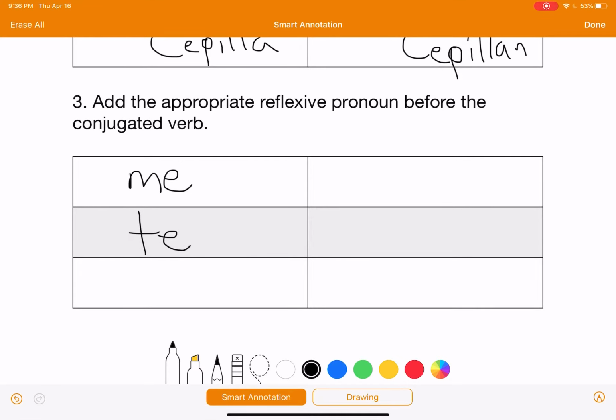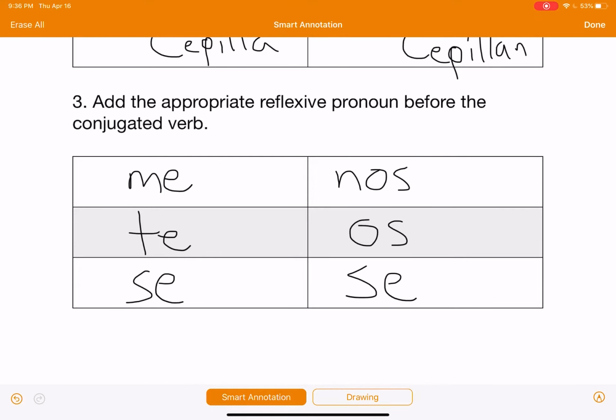For él, ella, and usted, use se. For nosotros, you use nos. For vosotros, use os. And for ellos, ellas, and ustedes, use se. These are your appropriate reflexive pronouns.